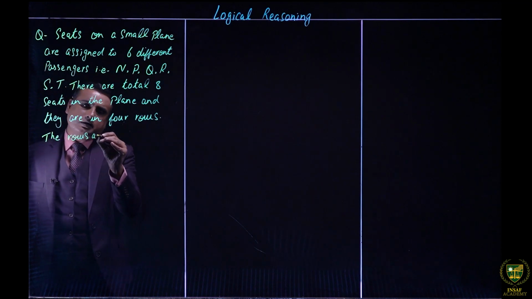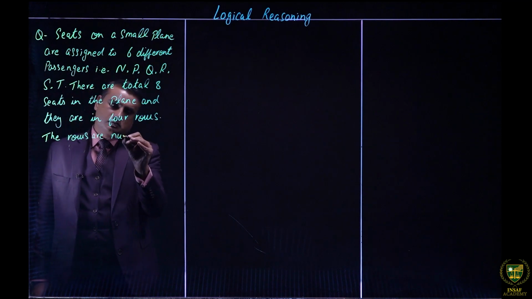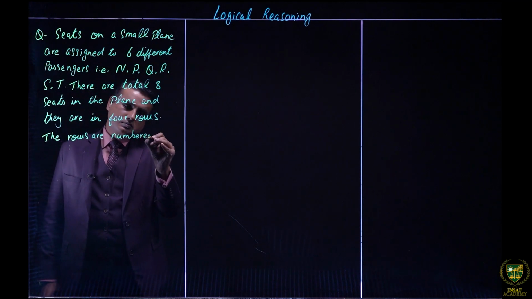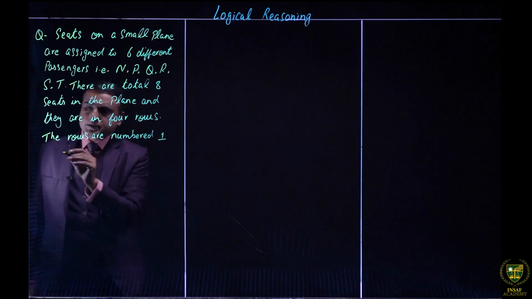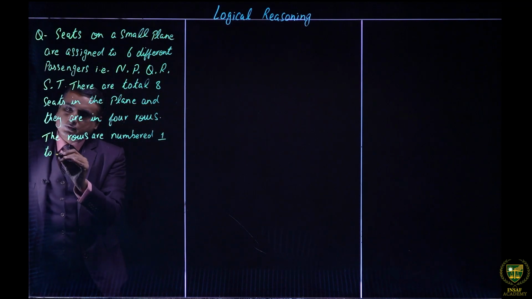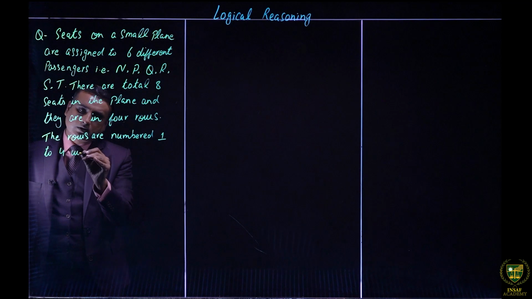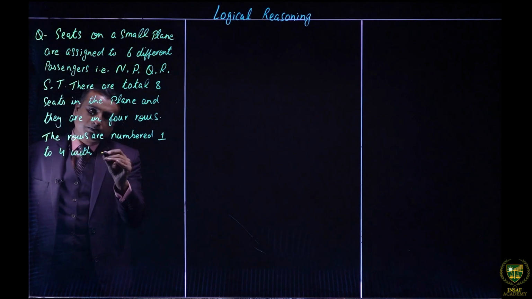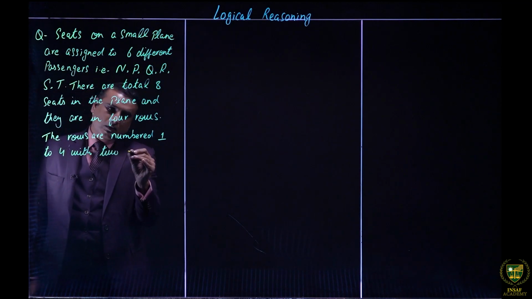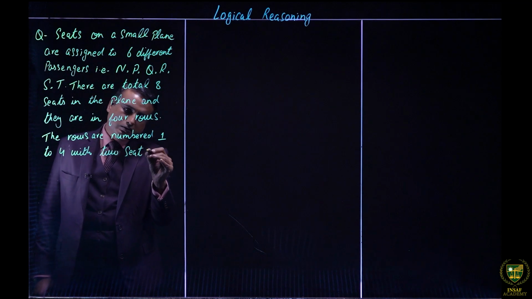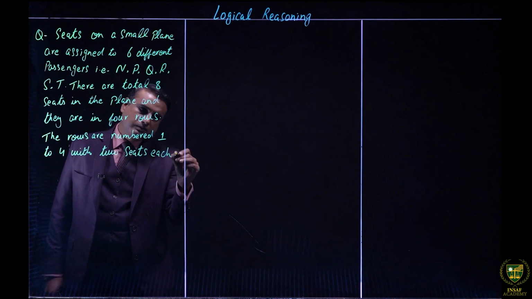The rows are numbered 1 to 4 with 2 seats each.